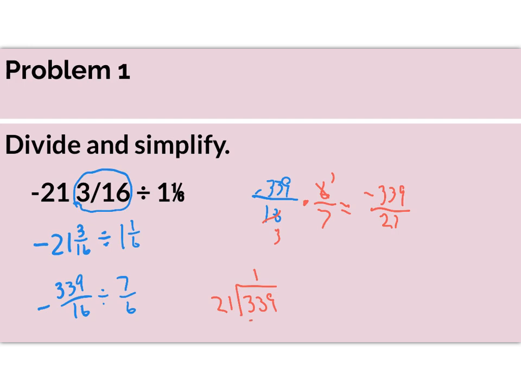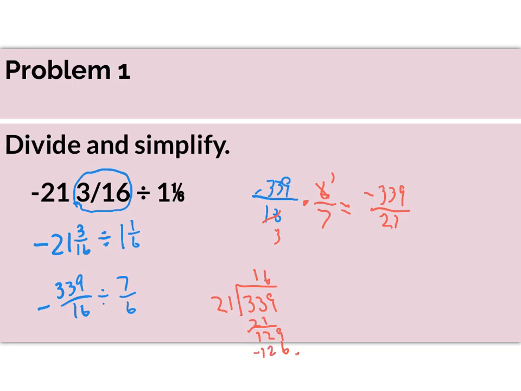1 times 21 is 21. That leaves us with 129. So how many times is 21 going into 129? It's probably going to be 6. Because 6 times 1 is 6, 6 times 2 is 12.